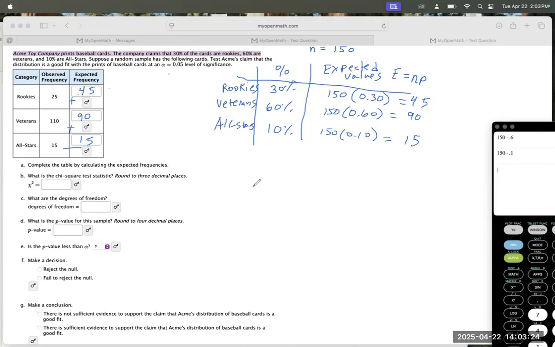The null hypothesis, just a reminder, is the thing that we assume to be true. That's what we assumed when we calculated these expected frequencies, that the distribution was correct. So the null hypothesis is that the random variable follows the given distribution, namely 30%, 60%, and 10%.